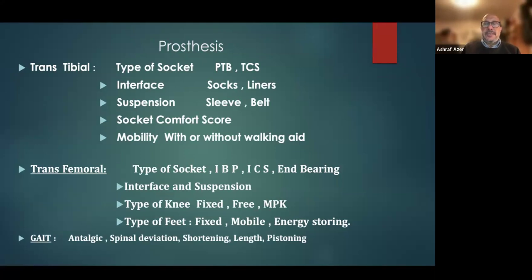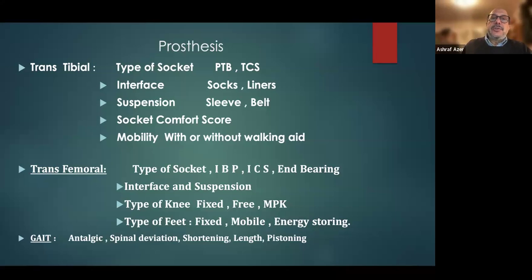First of all, you comment on the stump. Second, you comment on the type of socket and prosthesis. To summarize, we call it PTB or total contact socket. You have an interface, which is something between the skin and the hard material of the socket, and how to keep the limb attached to the body.